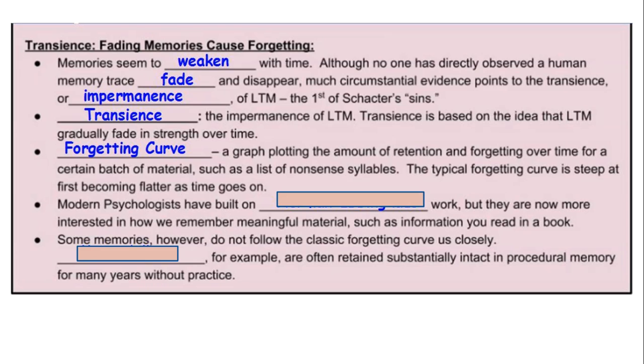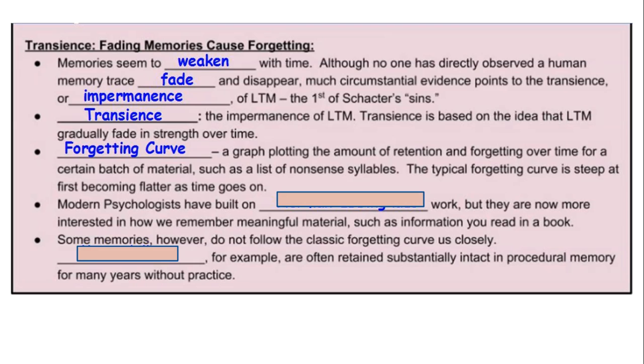So there is what we call the forgetting curve. This is a graph plotted by the amount of retention and forgetting over a period of time, over a certain batch of material, such as a list of nonsense words or syllables. Typically, the forgetting curve is steep at the beginning and becomes flatter over time.